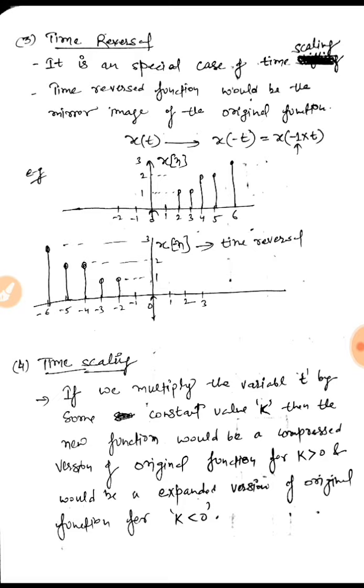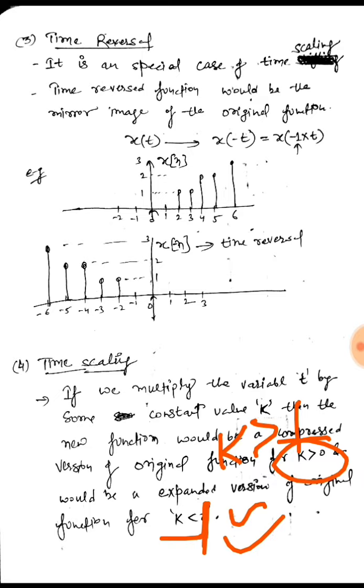What I have written there is wrong: it should be k greater than 1 for compression, and here it should be k less than 1. If I multiply t with a value less than 1, the function would be expanded.